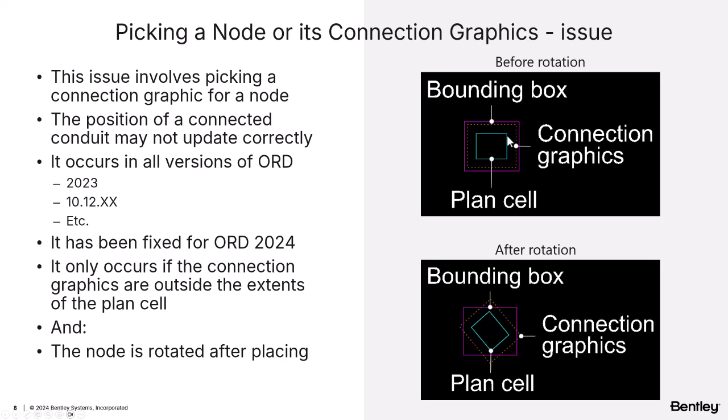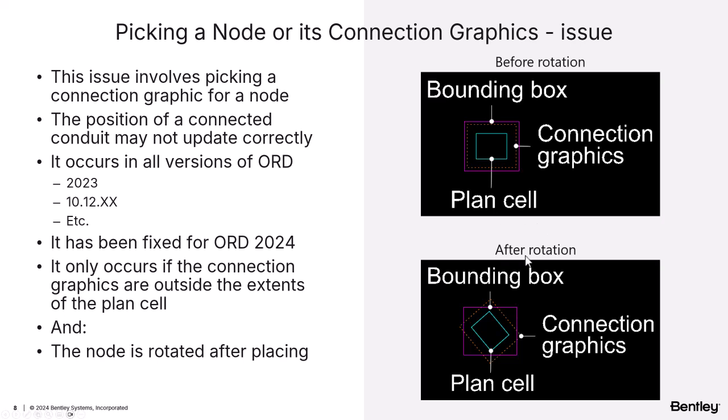Now when you try to pick any graphical element, OpenRoads Designer constructs a bounding box around it to identify whether or not the pick is selecting that element or another adjacent element. Now you don't see this bounding box in the software when you're using it, but it helps me to demonstrate the issue.